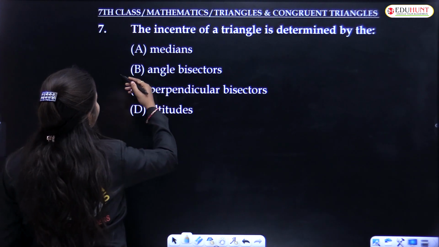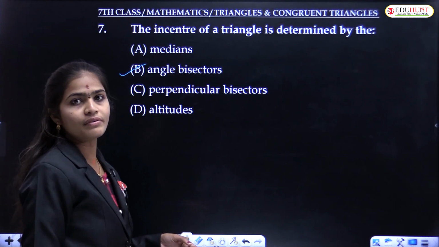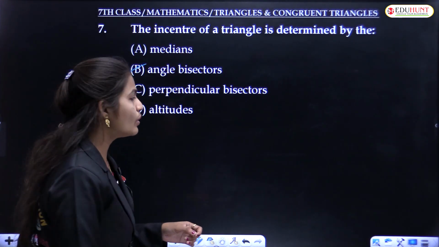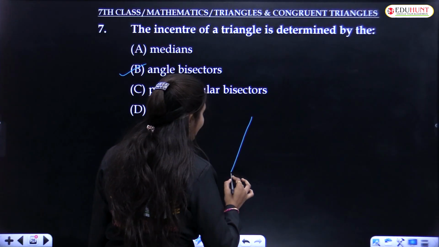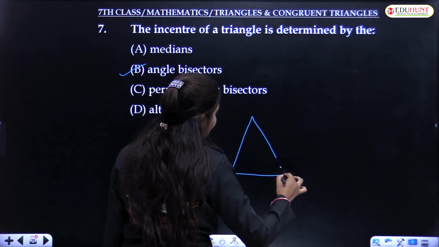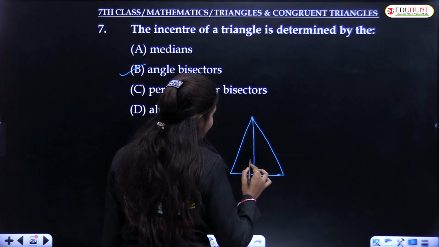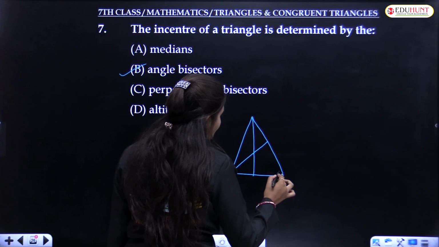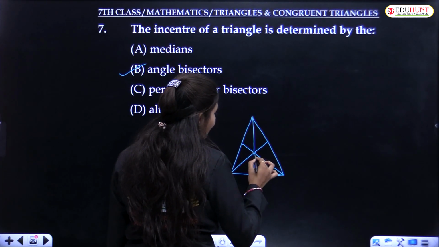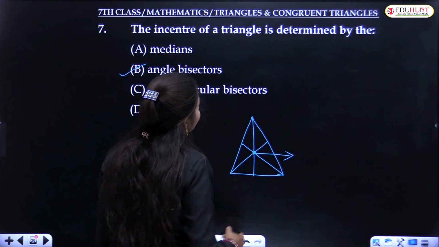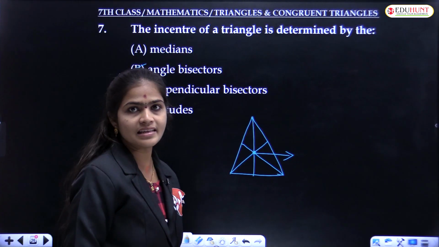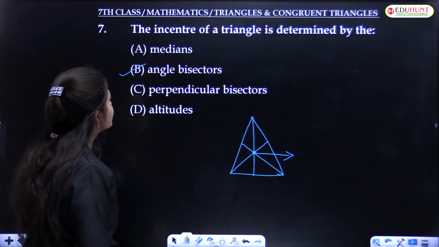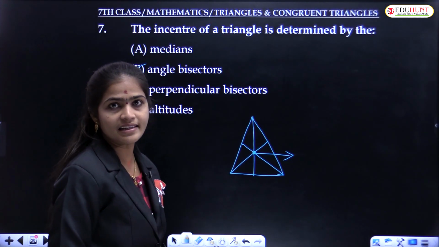In any triangle we can draw 3 angular bisectors, and the concurrent point of the 3 angular bisectors is called the incenter. Is it clear, children? So here our answer is angular bisectors.